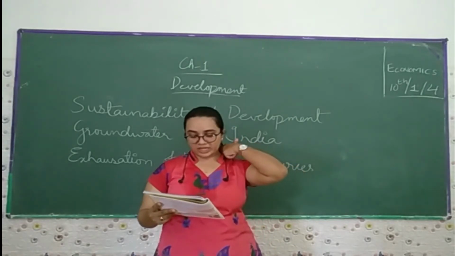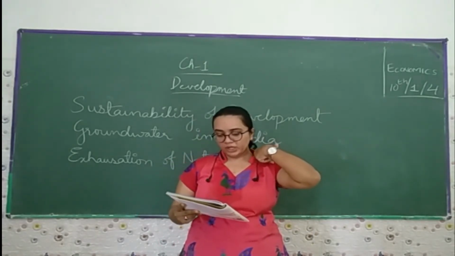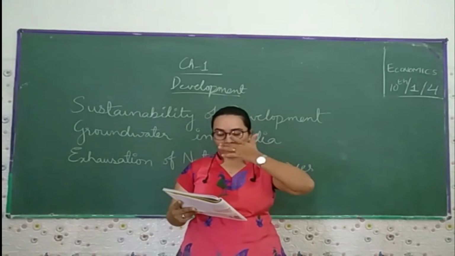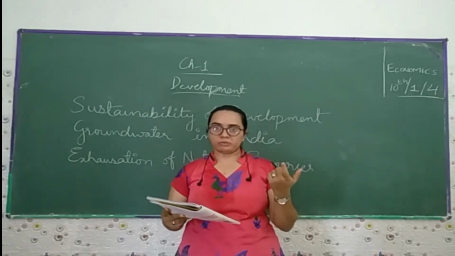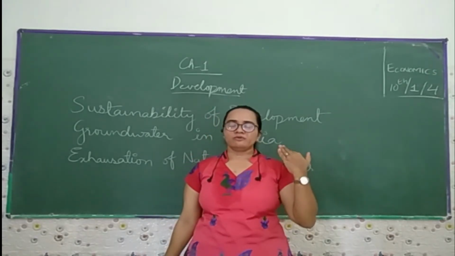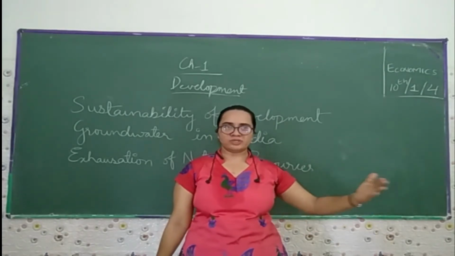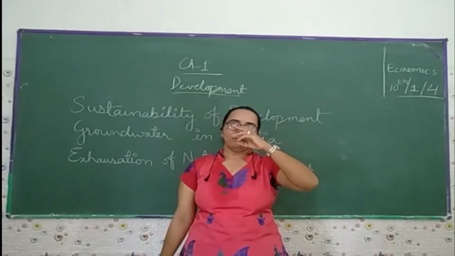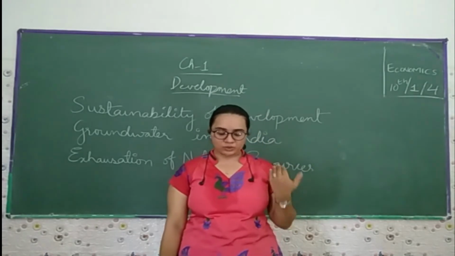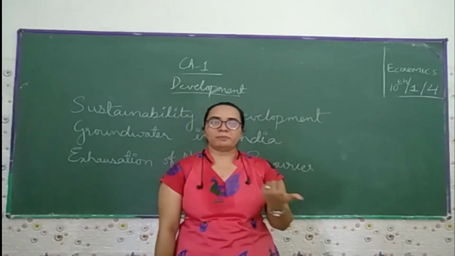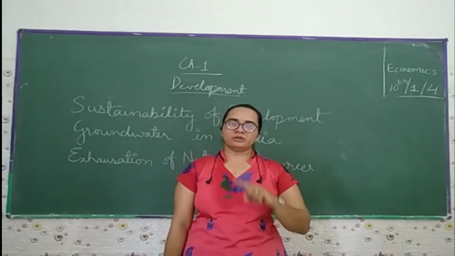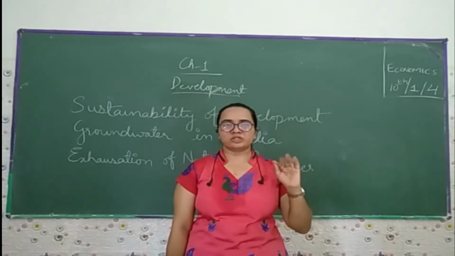Now, the next example, the exhaustion of resources. For example, crude oil that we extract from the earth is a non-renewable resource. Yes, it is true, if you recall the previous classes from 6 to 9, many times you have read that if you are overusing petrol, one day it's going to be gone, the petrol is going to be exhausted from this planet.